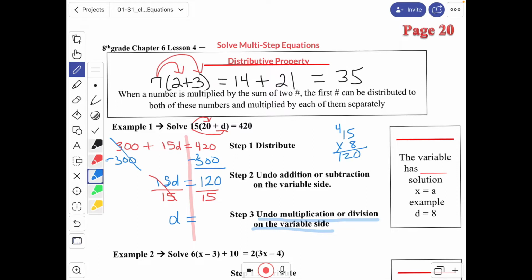Eight. So 120 divided by 15 is 8. This had one solution, and we found it. The variable has one solution, x equals a number. For example, d equals 8. When it has one solution, the problem is called one solution.